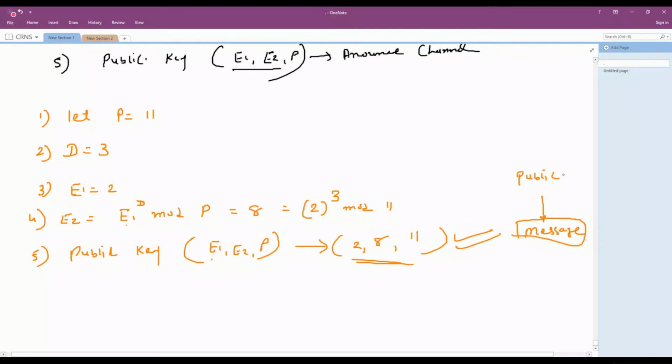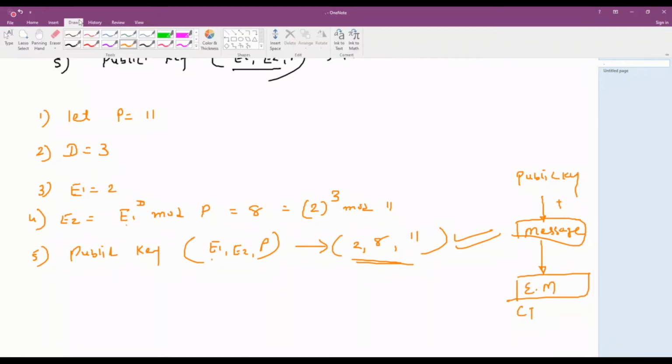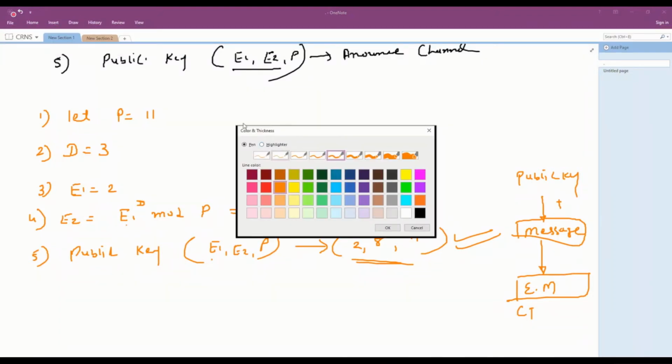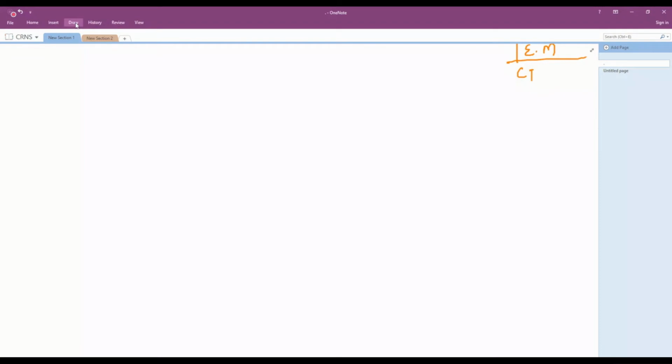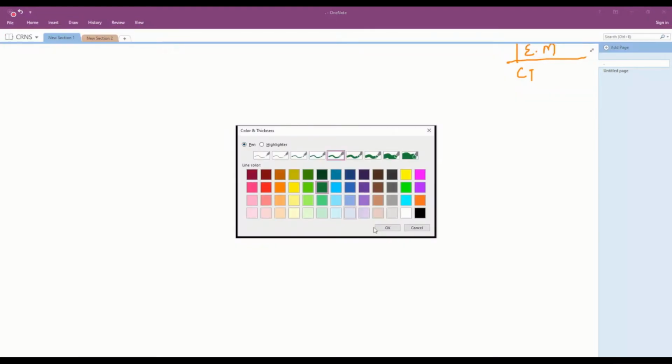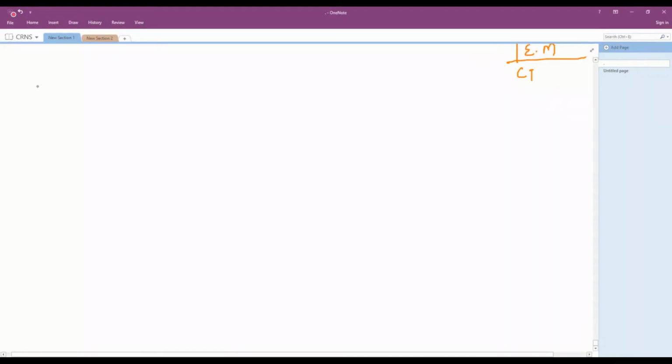So public key is applied on the message, and then we will have the encrypted message, or we can say ciphertext, right? So we will do the encryption now. Okay. So let plain text equal to 23. This also you need to assume.